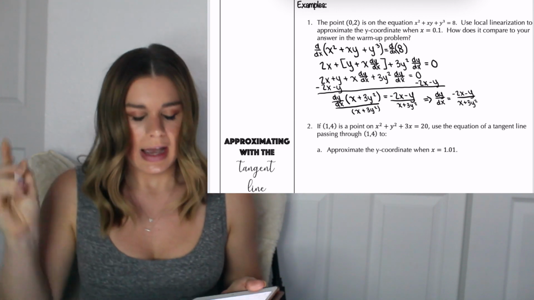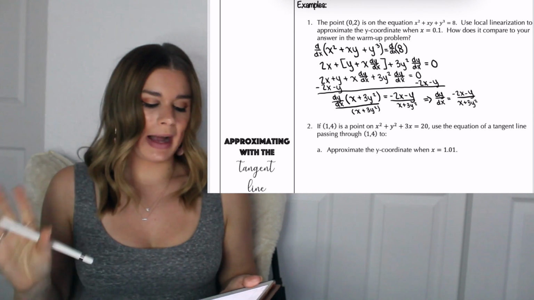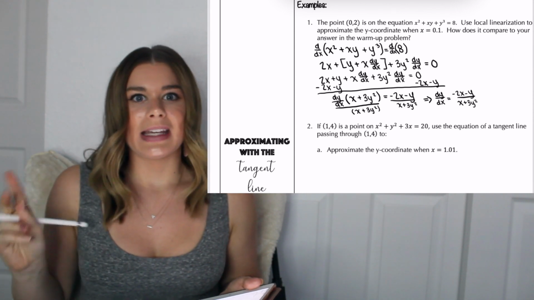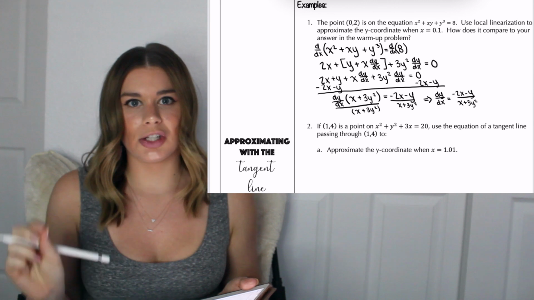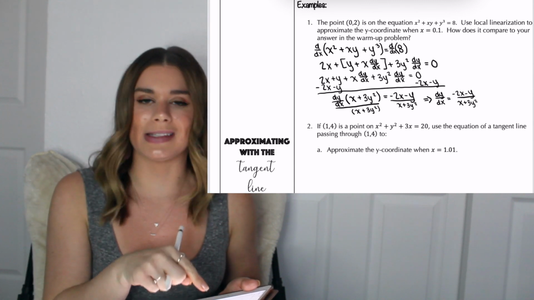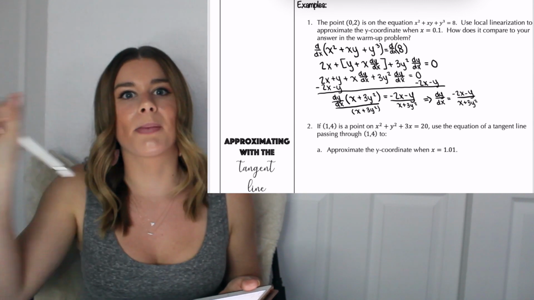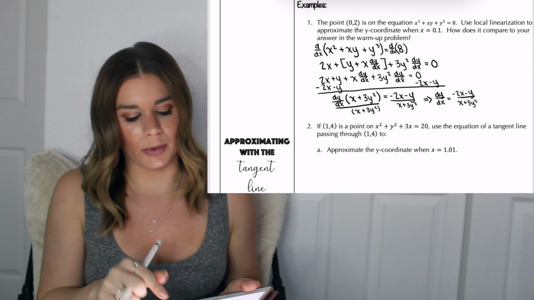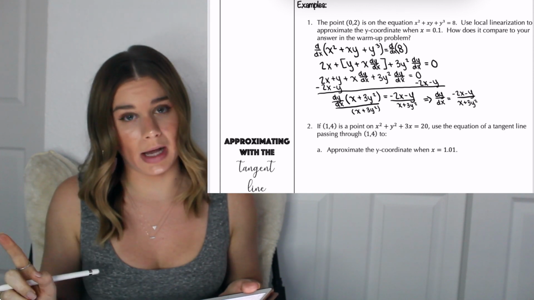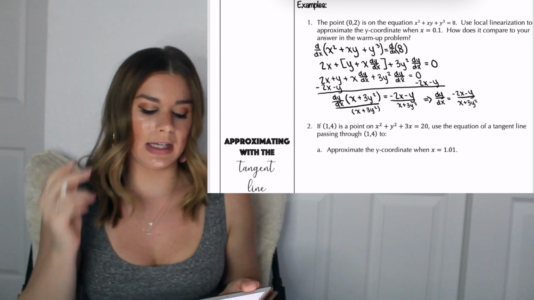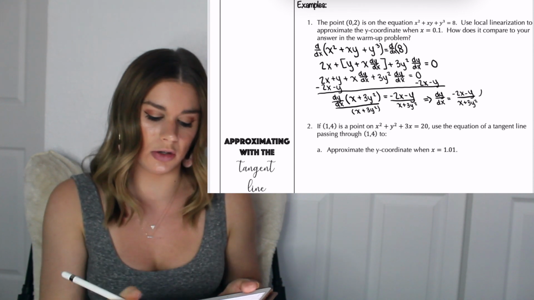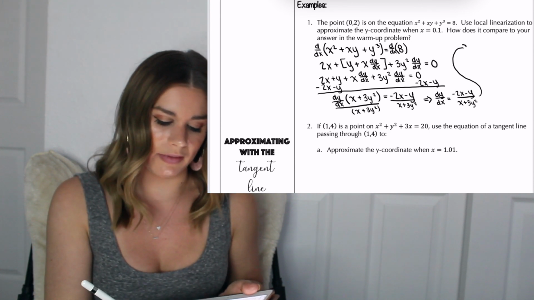squared. However, for my tangent line, I'm going to be using the equation of the line tangent to the point (0, 2) to help me approximate the y-coordinate when x is 0.1. So what we're going to do here is plug in the point (0, 2) to get the slope of that tangent line.